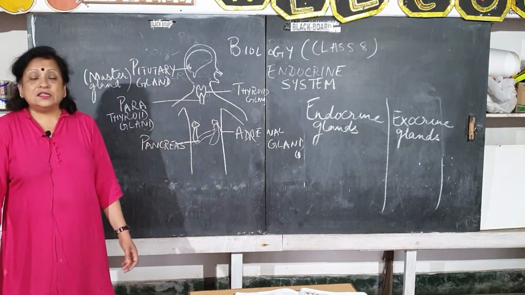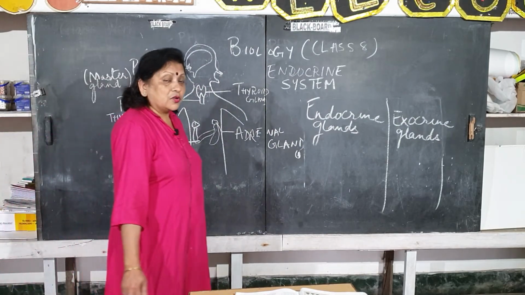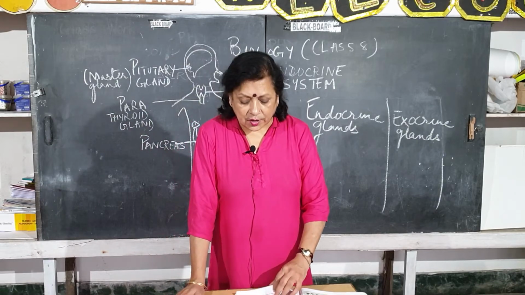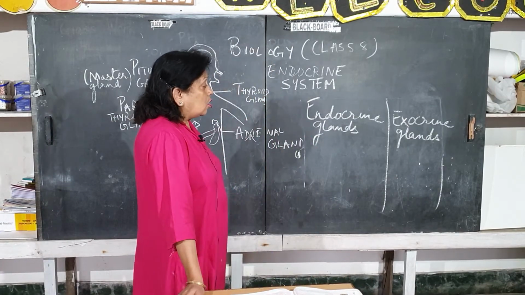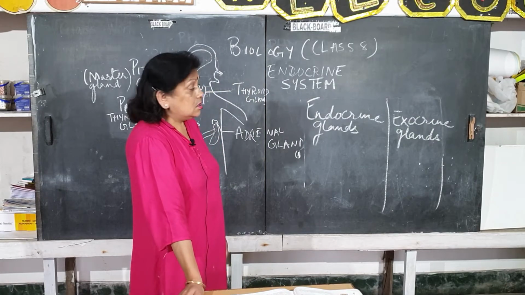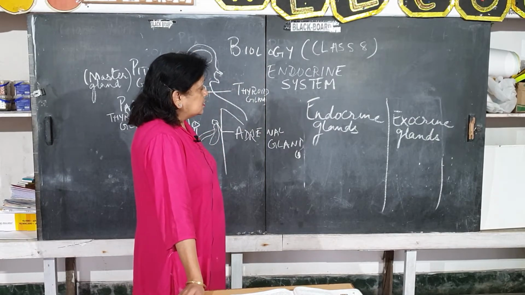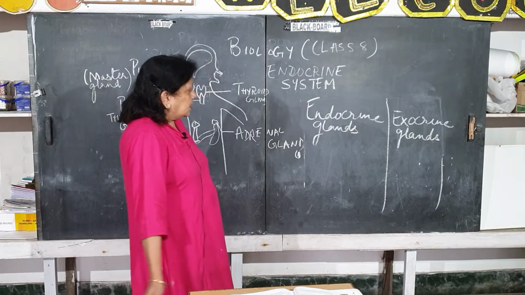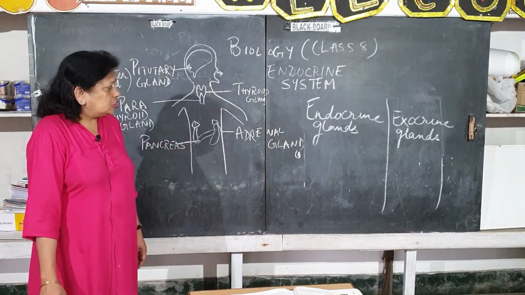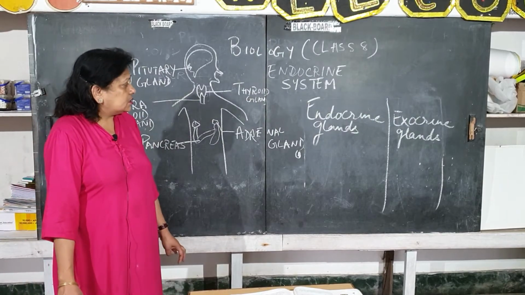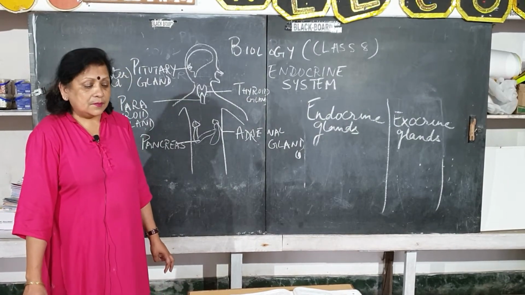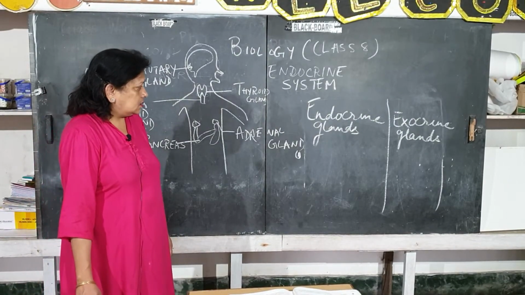Before that, let us see the difference between endocrine glands and exocrine glands. The other glands in our body are called exocrine glands. Why? And what is this endocrine glands? The endocrine glands, just now I mentioned to you, pour their secretions, that is the chemical hormones, directly into the blood.